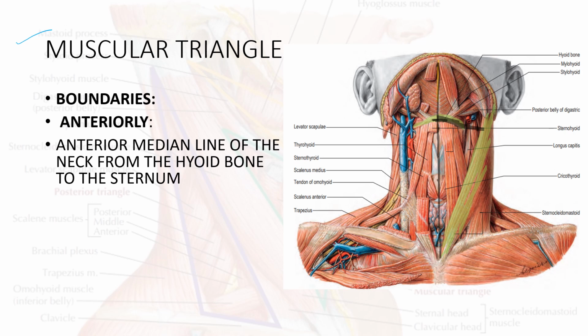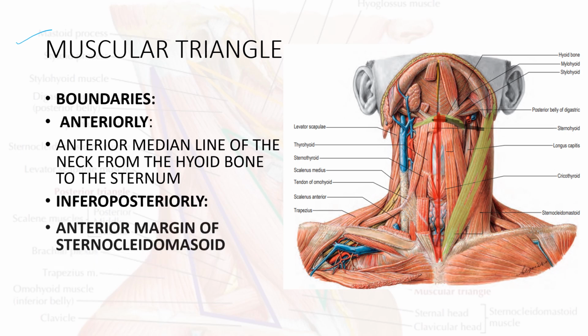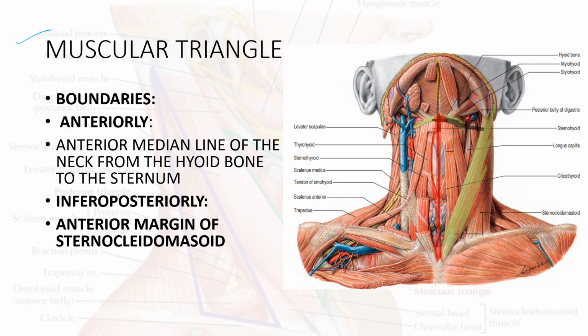The anterior boundary is the anterior median line joining from the hyoid bone to the sternum or the jugular fossa. So ये एक line बनी बच्चों. This is the anterior boundary of muscular triangle. Inferior posterior is the anterior margin of the sternocleidomastoidus.